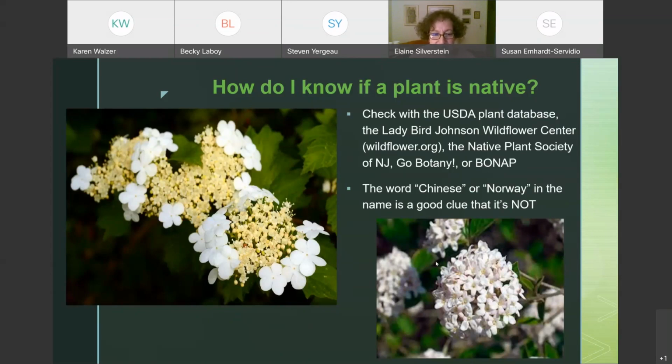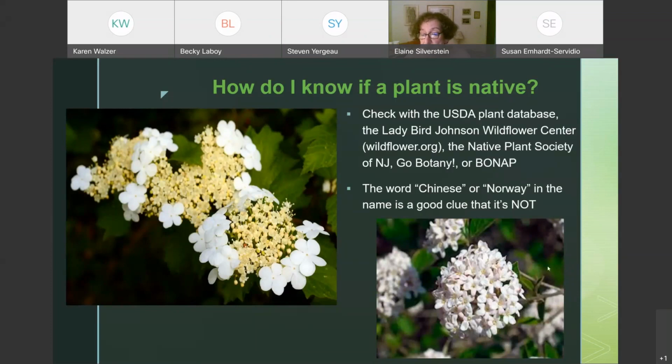So just as an example, these are the flowers of Viburnum trilobum, our native cranberry bush. It has several Latin names, so that's the one that I learned, and there are others for this plant. So these are the flowers of one of our native viburnums. We have several. And this is the flower of Korean spice viburnum.